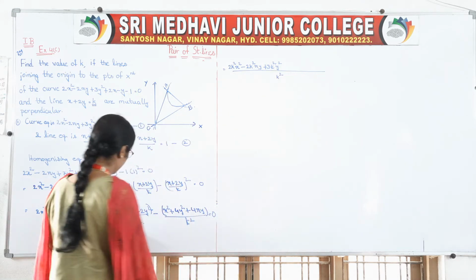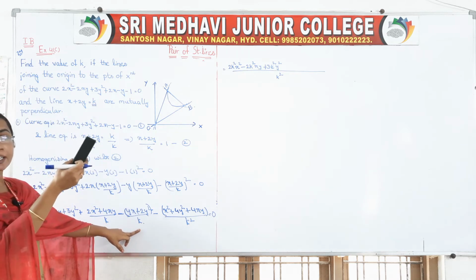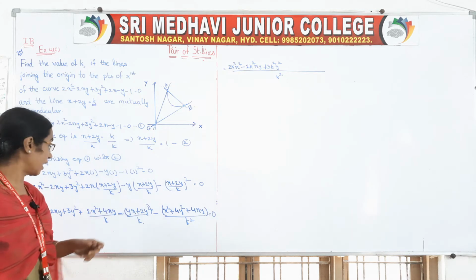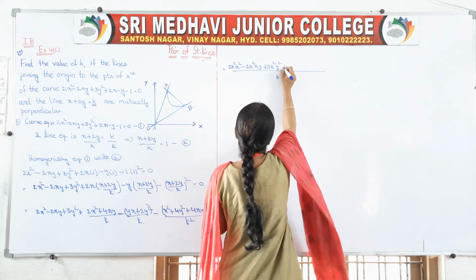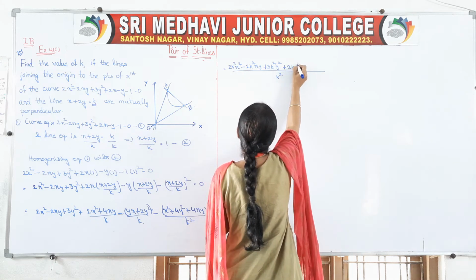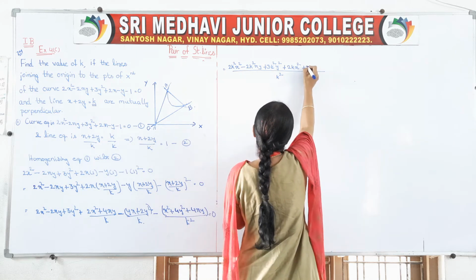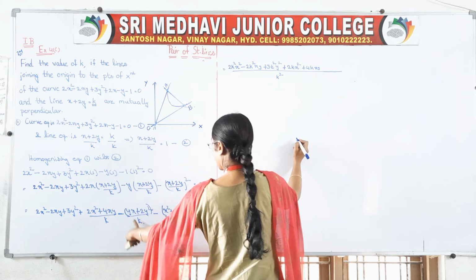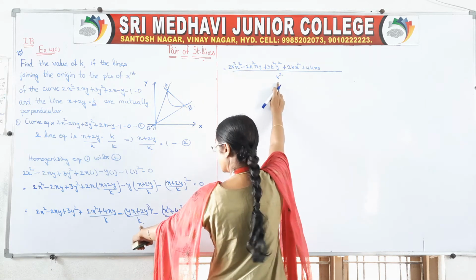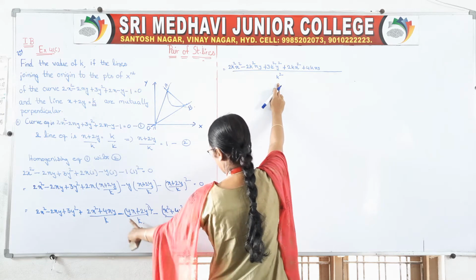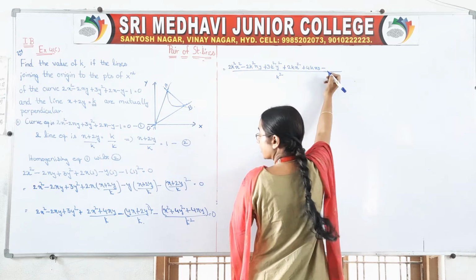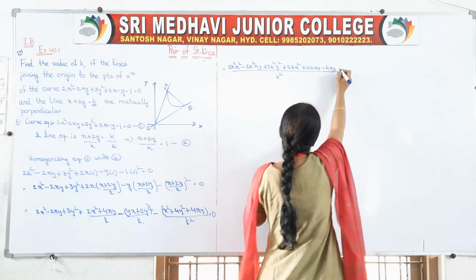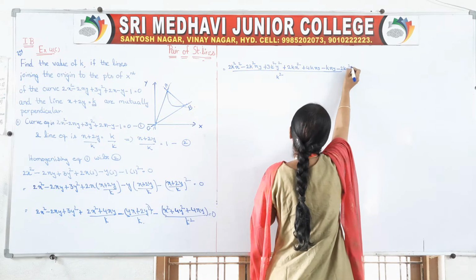For the terms that have only k, we have taken k square, so we multiply these two terms with k: 2k x square plus 4k xy. Similarly the next term also with k, since downwards only k is there but I have taken the LCM as k square. Now open the brackets: minus k xy, yx both are the same, next minus 2k y square.